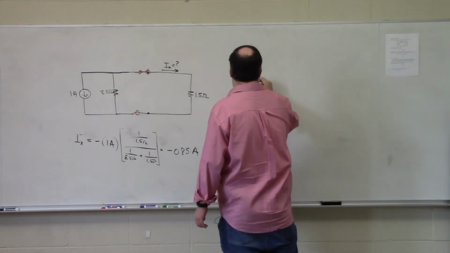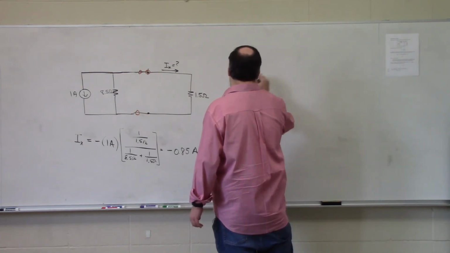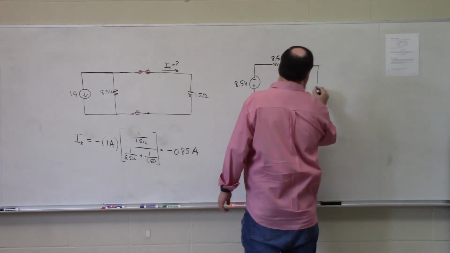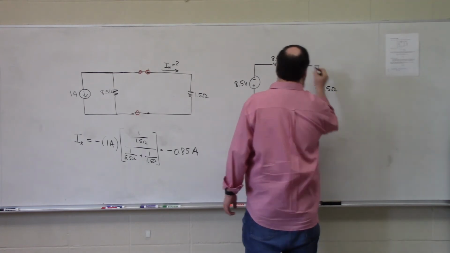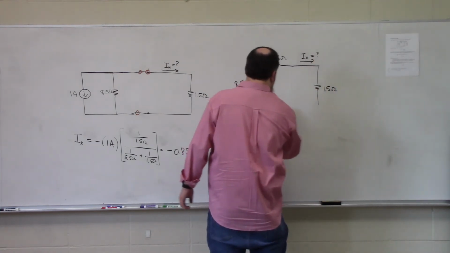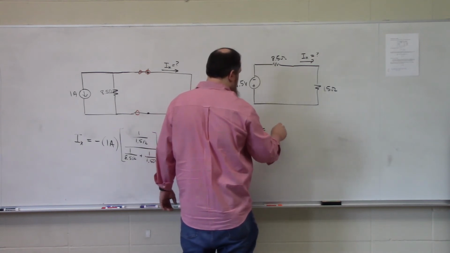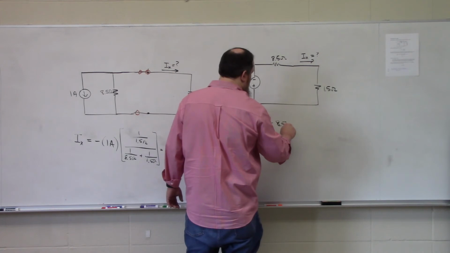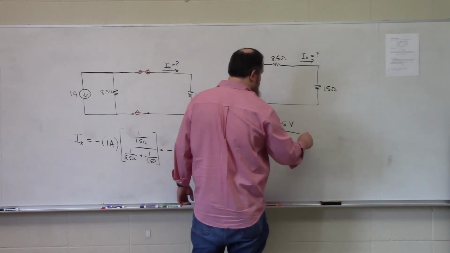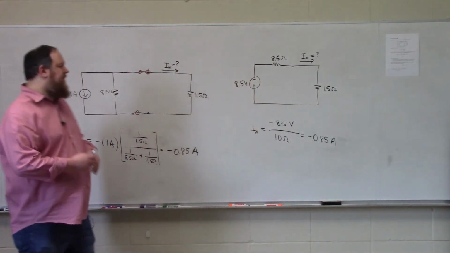So that would give me positive polarity on bottom, negative polarity on top, 8.5 volts in series with that 8.5 ohm resistor in series with that 1.5 ohm resistor, where this is our current Ix that we're trying to define. And using Ohm's law, Ix would have been negative 8.5 volts divided by 10 ohms. The total resistance is negative 0.85 amps. So we got the same result either way.